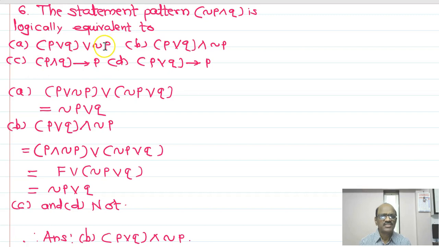Therefore, we will distribute this negation of p over this, that is p or negation p, and what is the connective between them? It is and. This is the distributive law. And next is negation of p or q. Now what is p or negation p? Its answer is T. Therefore the whole answer depends on this, and I have written here the negation of p or q.